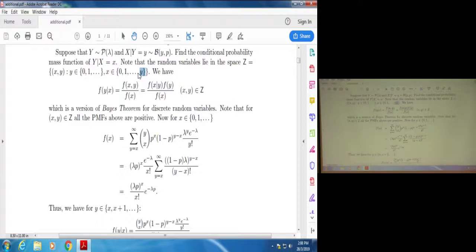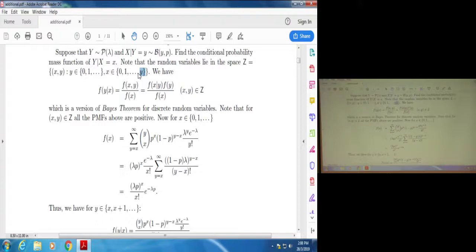Computing this is not so difficult, because you have the binomial coefficient y choose x and the term y factorial, so you can cancel some things and take out factors which are independent of y. So that's equal to what?